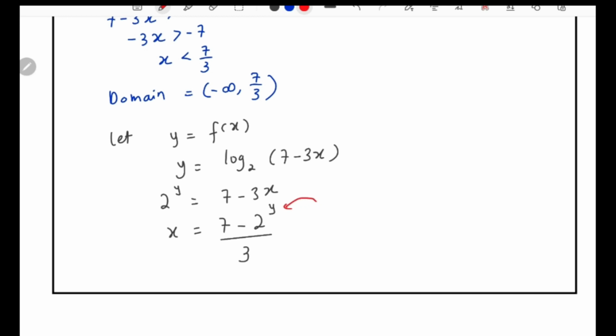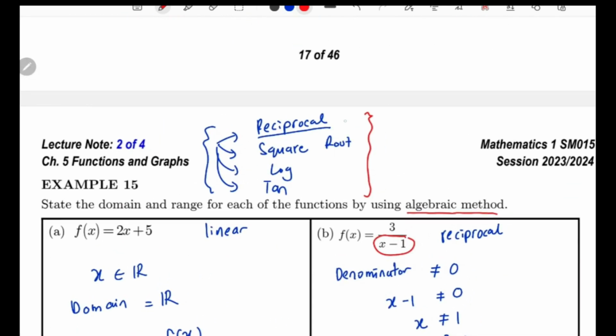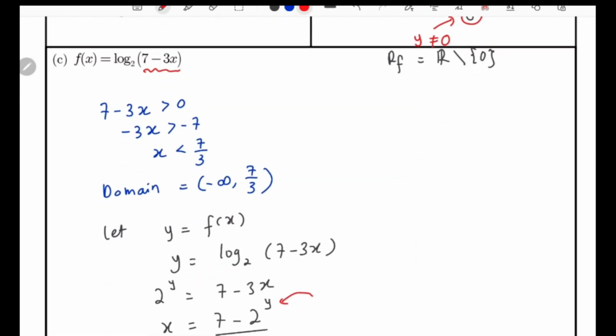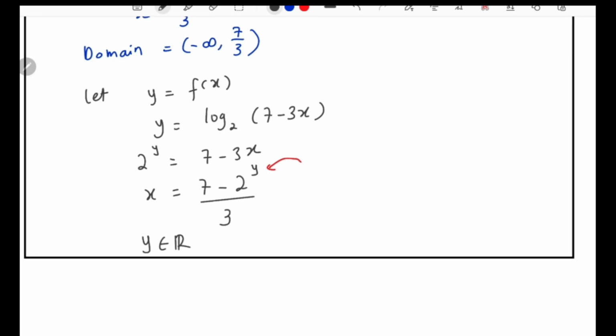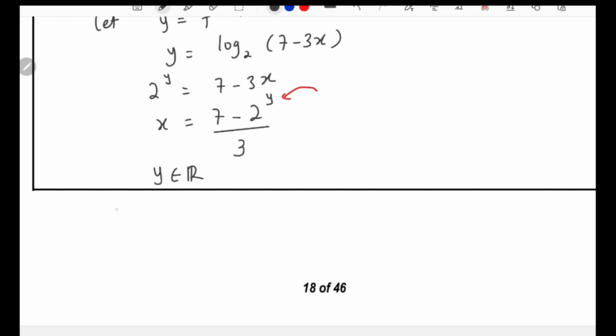So y here is not one of these functions. It's not reciprocal, it's not square root, log or tangent. So there is no restriction for y. So y can be any number from negative infinity until infinity. So the range is all real numbers.